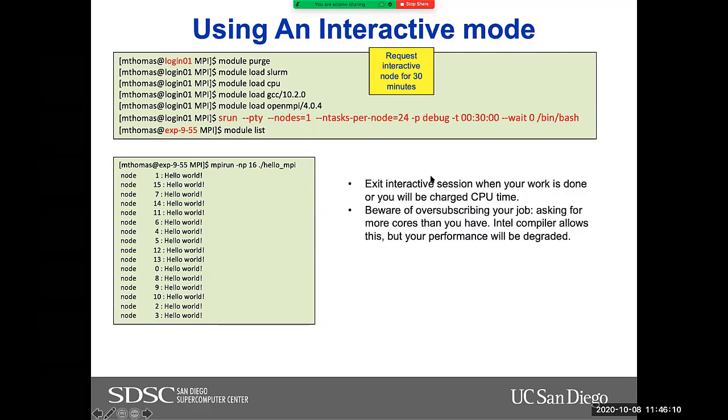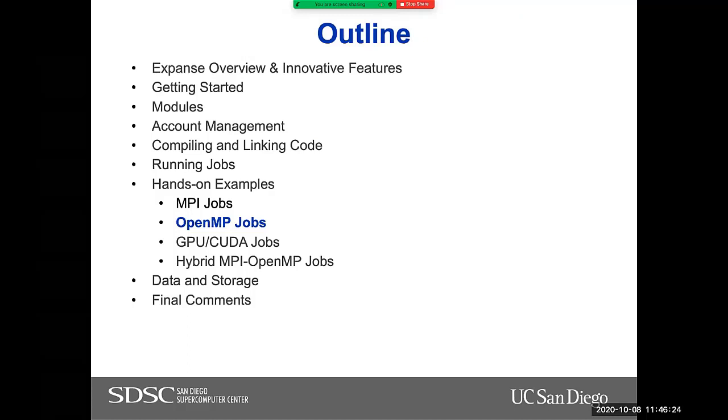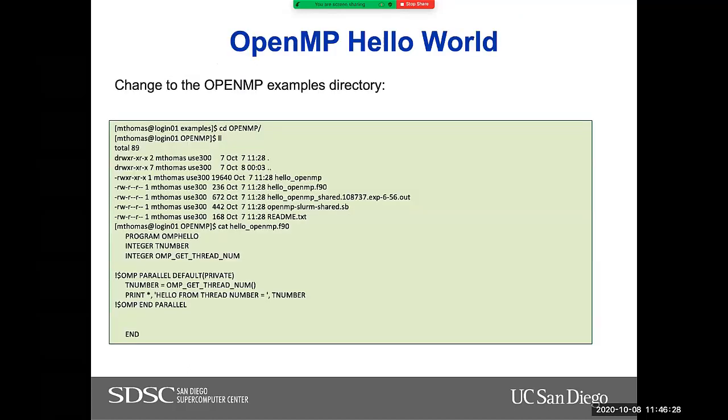Be sure to exit that interactive session when you're done, or you'll be charged that full CPU time. And beware of oversubscribing your job. If you ask for more cores, like if you're doing an OpenMP application, it may try to run or it may just crash. So again, OpenMP, in this case, I went into the OpenMP directory.